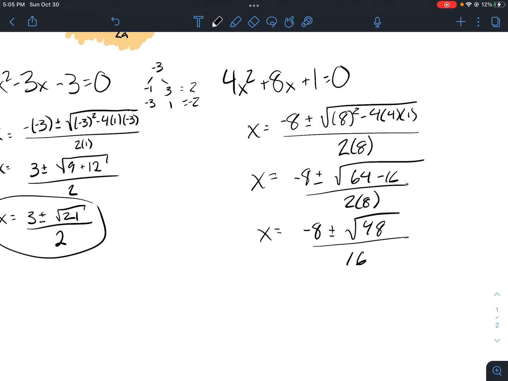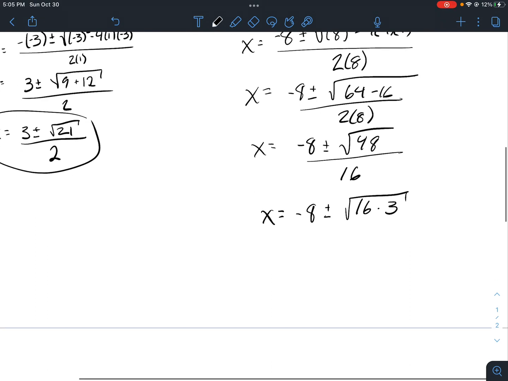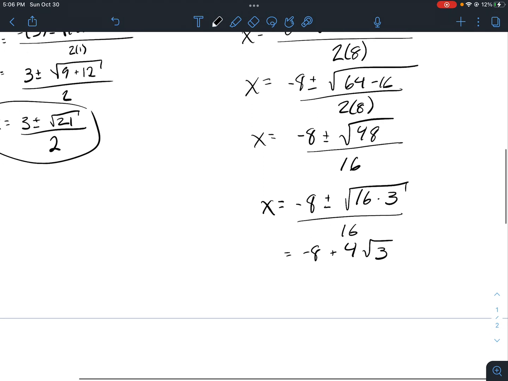And what kind of perfect squares do we have in here? So we could break radical 48 into 16 times 3, which then will let us pull out a 4. So we have negative 8 plus or minus 4 radical 3.